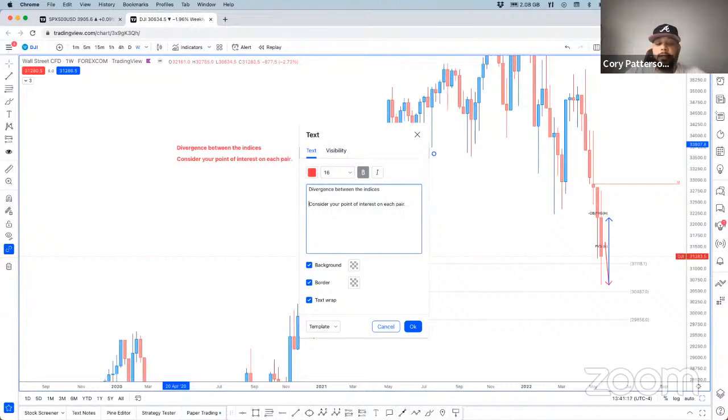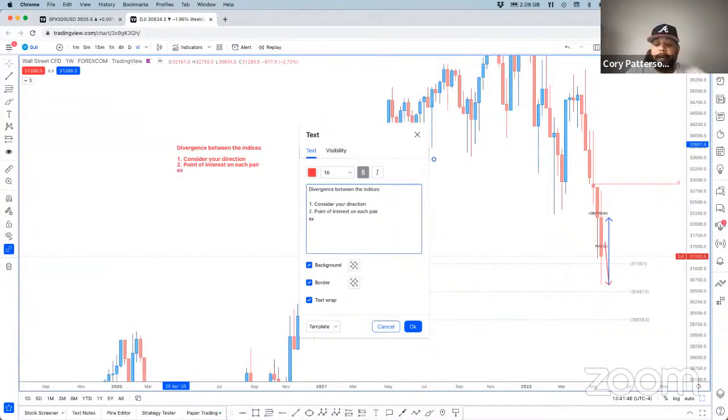That's the first thing. Also, the first thing is consider your direction. Then the second thing is what points of interest are you at each pair?